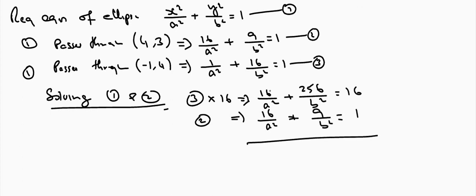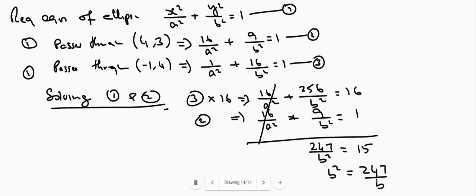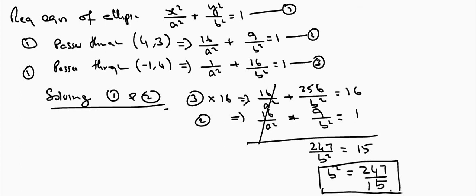Subtracting, 16 by a square gets cancelled. 256 minus 9 is 247, so 247 by b square equals 15. From this we find b square equals 247 by 15.